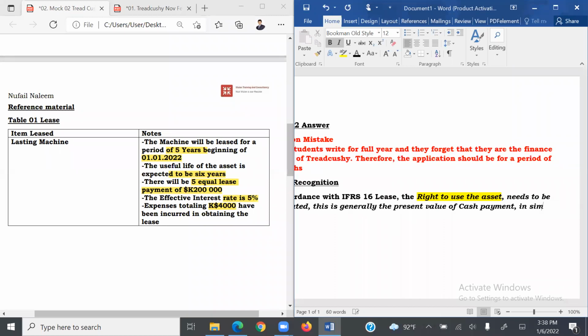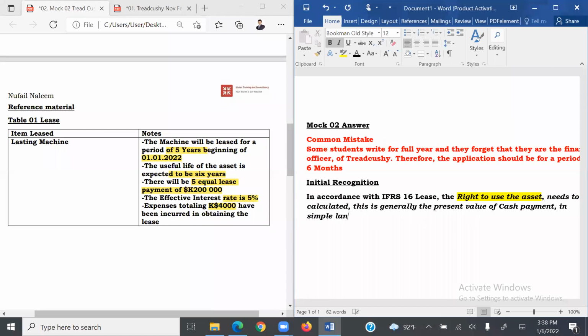In simple language, five equal installments of, say, $200,000 at a 5% discount rate may give you the present value. Students, you may know present value.